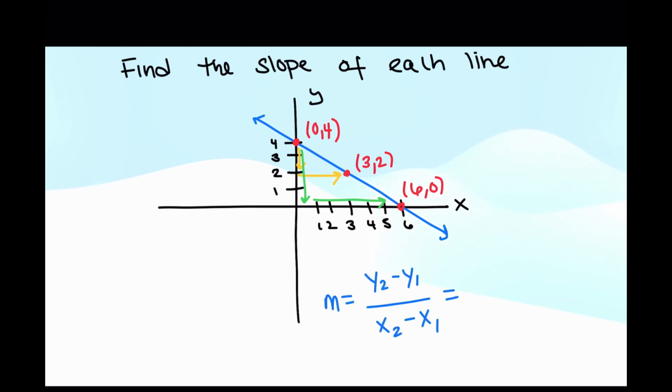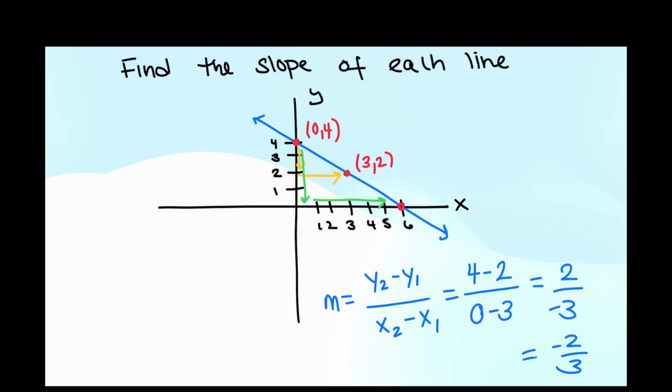Finally, a third way I could find the slope is I could just use my formula. Slope is y2 minus y1 over x2 minus x1. And so if I pick the point 3, 2 as my number 1 point, x1, y1, and I pick the point 0, 4 as my second point, x2, y2, then the change in y would be 4 minus 2. 4 minus 2 is 2.